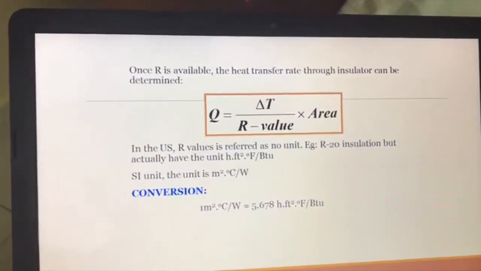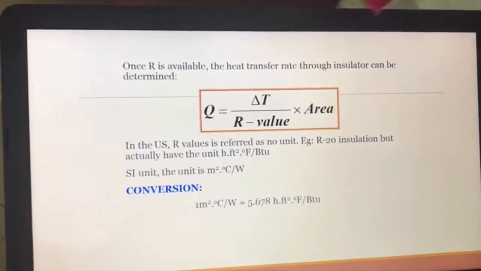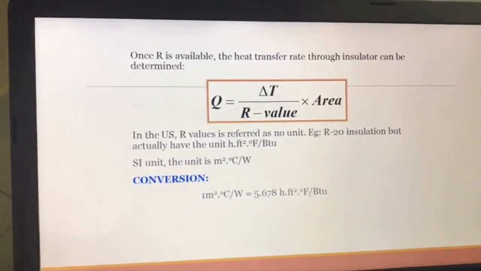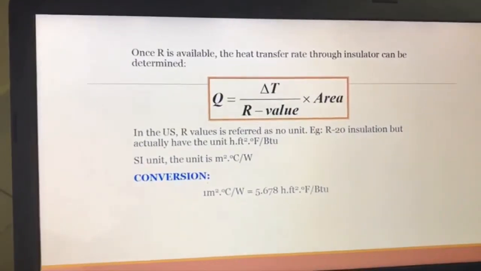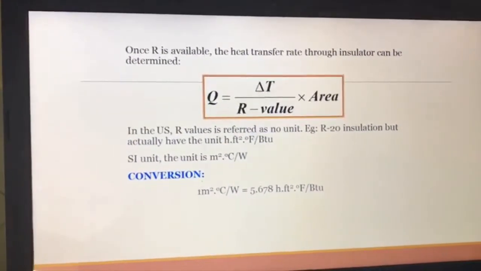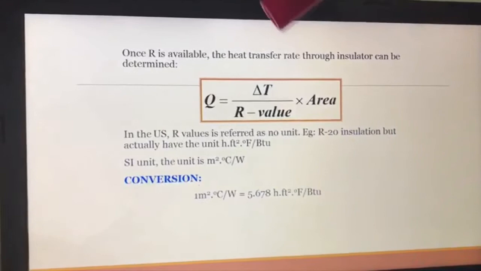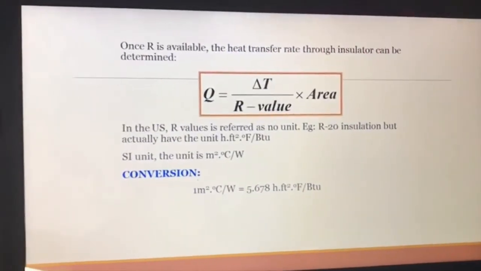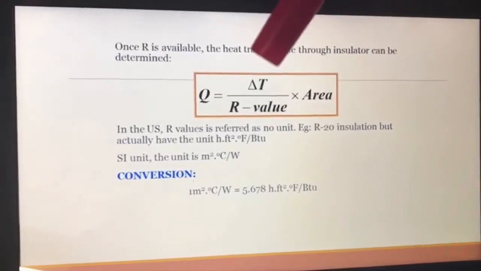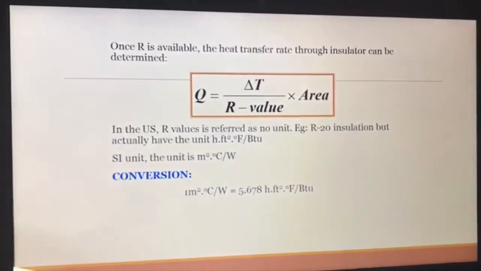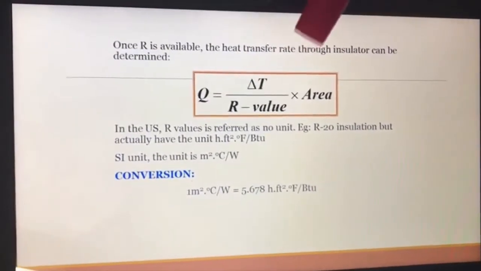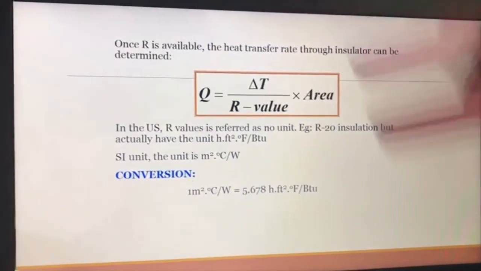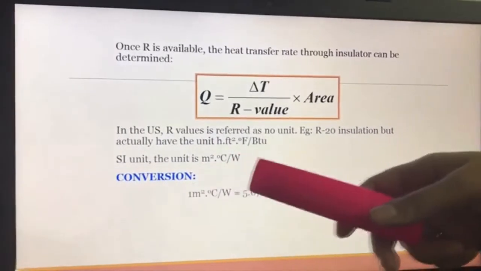Okay, once the R is available, the heat transfer rate through insulator can be determined. So, untuk kita cari heat transfer based on R yang kita ada tadi, the formula given is Q is equal to delta T over R times the area. So delta T is difference in temperature, R yang kita dah cari tadi, and then we will times it with area. In the US, R value is referred as unit.